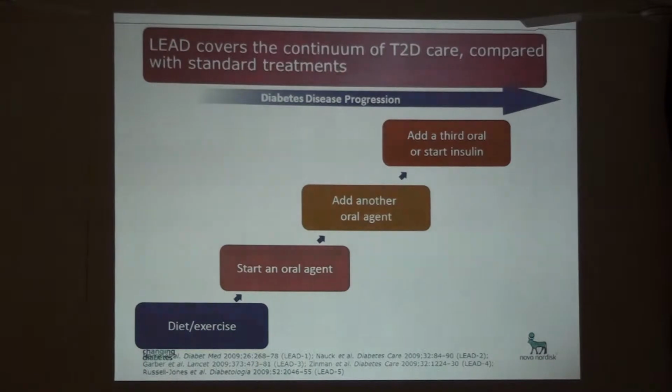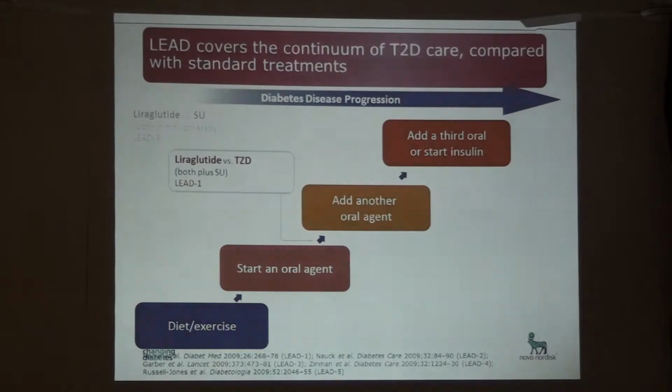So where can we place liraglutide in the continuum of diabetes care? This has been evaluated by a series of studies known as LEAD, which is liraglutide effect and action in diabetes. It was assessed as monotherapy immediately after diet and exercise against glimepiride.